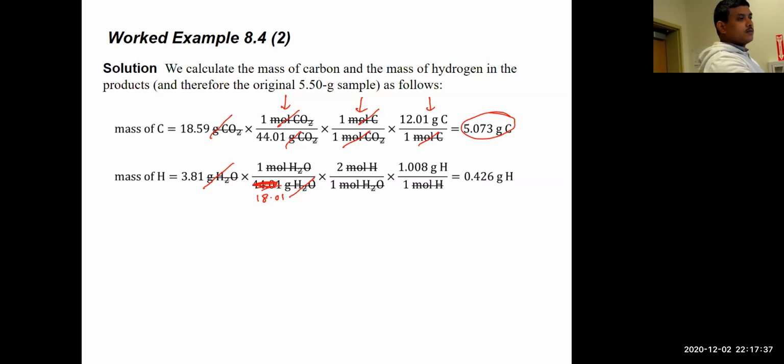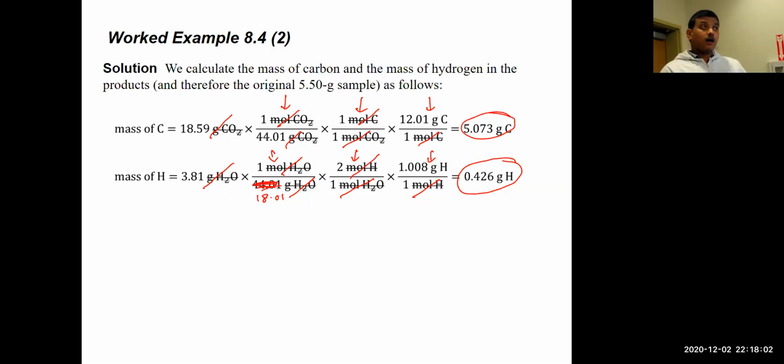You cancel out the grams to get moles of H2O. And to identify moles of hydrogen, you use the conversion factor between 2 moles of hydrogen versus 1 mole of water, and you get the moles of hydrogen. But to get the grams of hydrogen, you need to multiply with the molar mass conversion factor of hydrogen. So you get the mass of hydrogen.